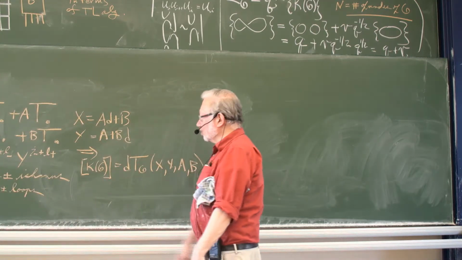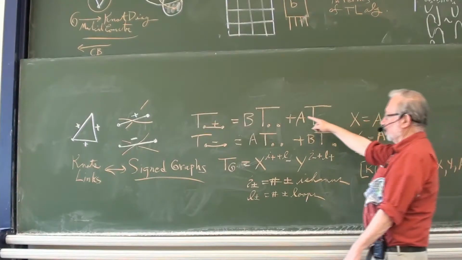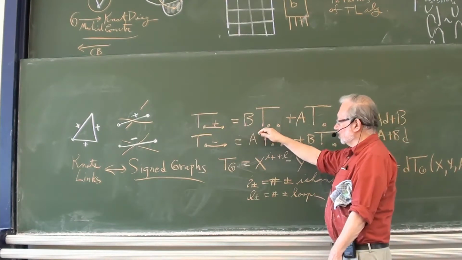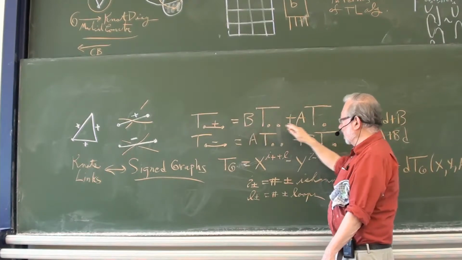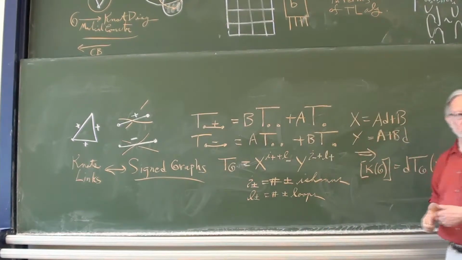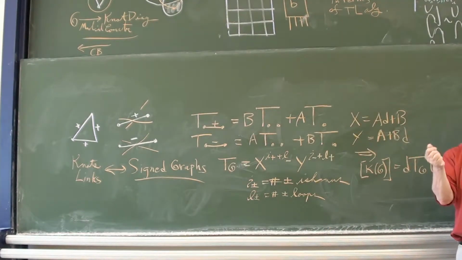That's the formula. So this is a generalization of the Tutte polynomial to signed graphs. So instead of having just plus, I have the b and the a for the square bracket, which was expanded a times one smoothing plus b times the other. Okay, right?